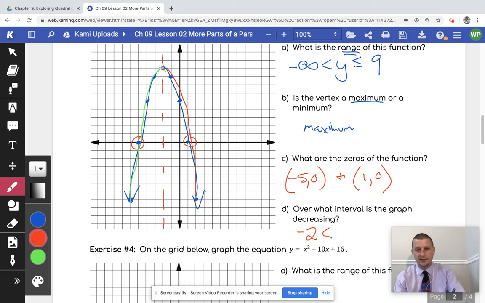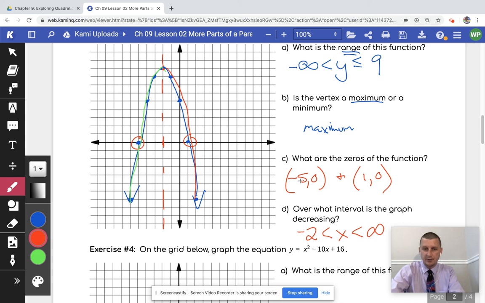It's going to start decreasing right after the turning point, and it's going to decrease all the way to infinity because it goes down to the right, keyword right, forever. If it's going to go right forever, it's going to decrease forever. All right. So we are looking at our decreasing interval here.